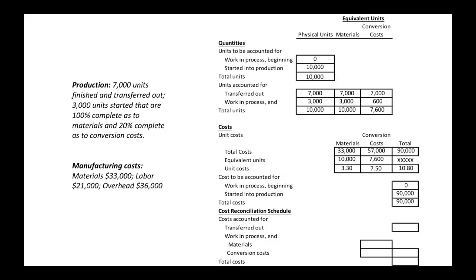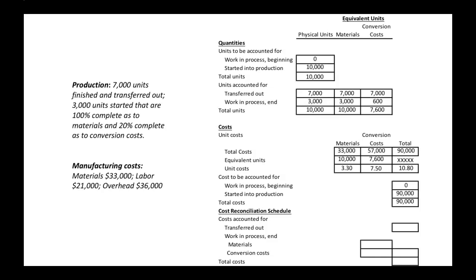Now we can move on to the cost reconciliation schedule. So this is where we need to figure out what was the cost of our transferred out units and what was the cost of our ending work in process. So for transferred out, we take a look back up at the quantities section, and we notice that there were 7,000 units that were transferred out. And then we look at our total unit cost.